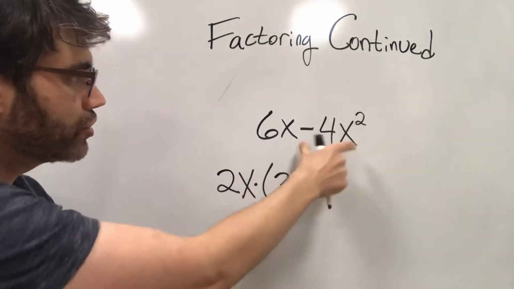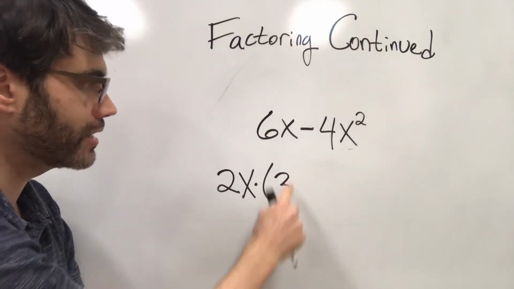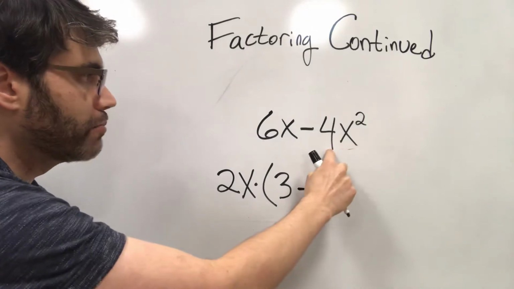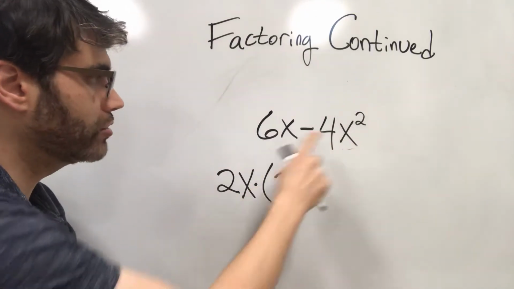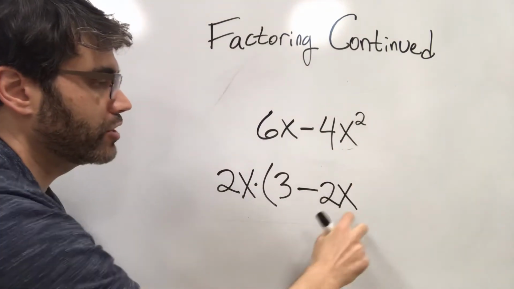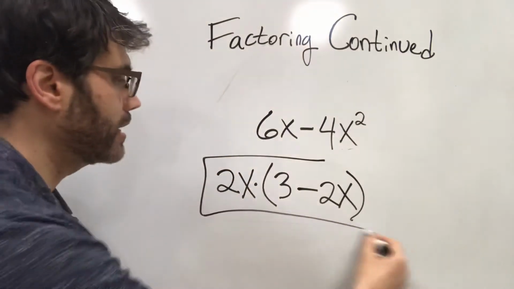So we can pull out the 2x from both of these terms, and that leaves us with 3, because 2x times 3 gives us back 6x. Minus, okay, we pull the 2 out, so 2 times 2 is 4, so I need a 2 here, and then I need my just 1x here. So this is a fully factored state.